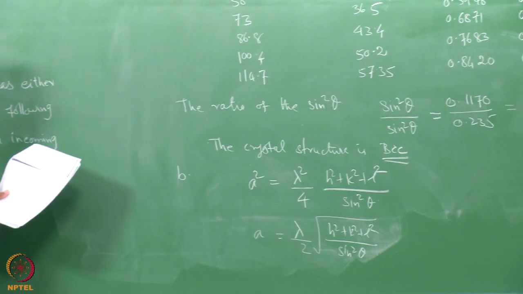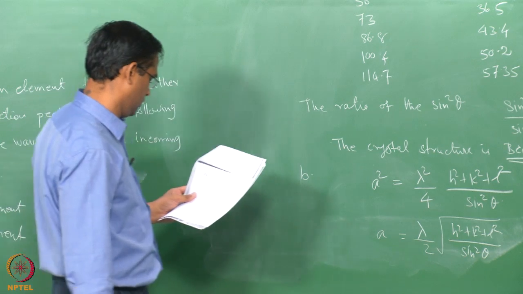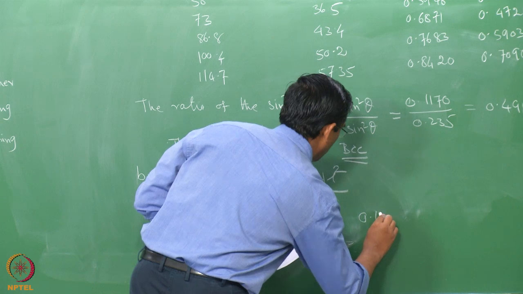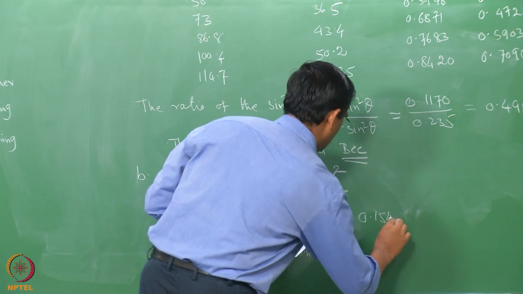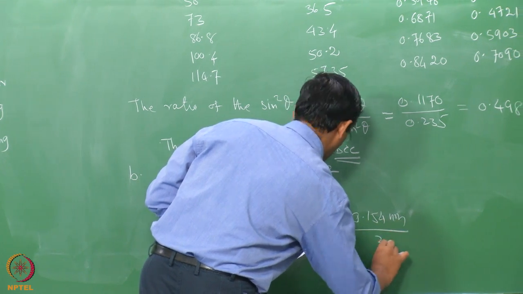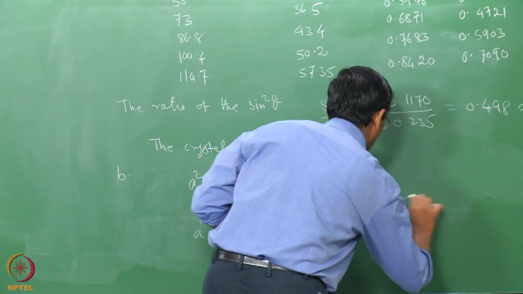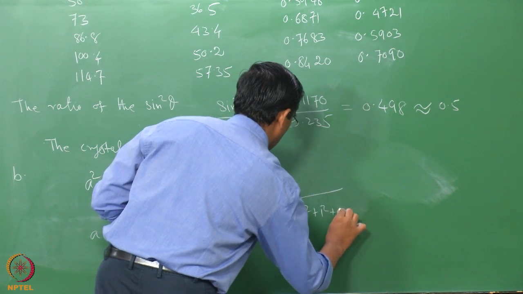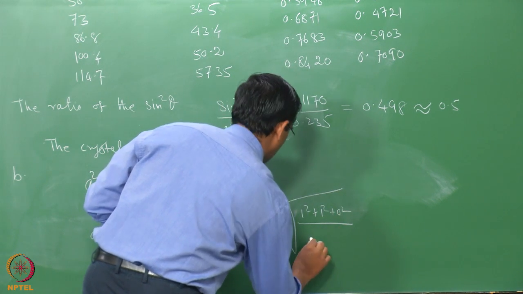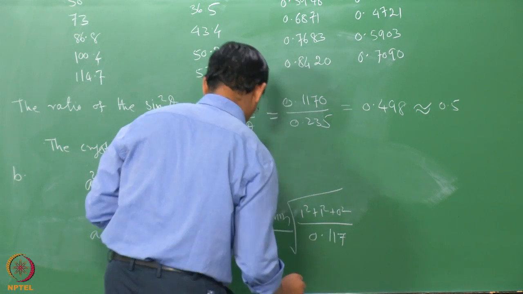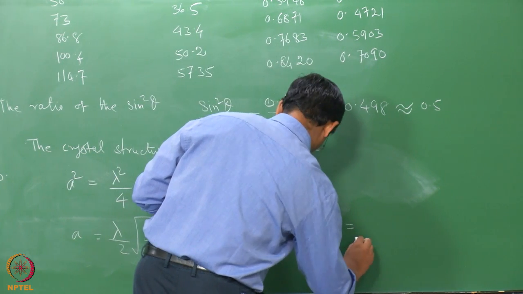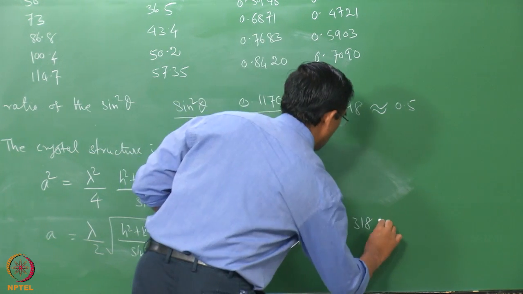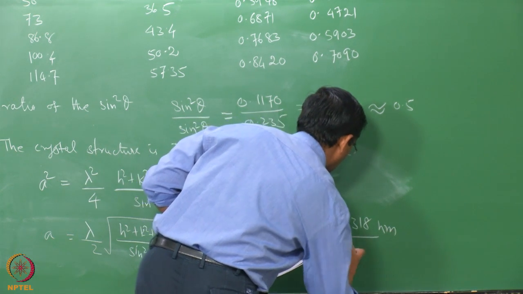So, we can simply substitute this: 0.154 nanometer divided by 2 times square root of 1 square plus 1 square plus 0 square, divided by 0.117, which is equal to nanometer.